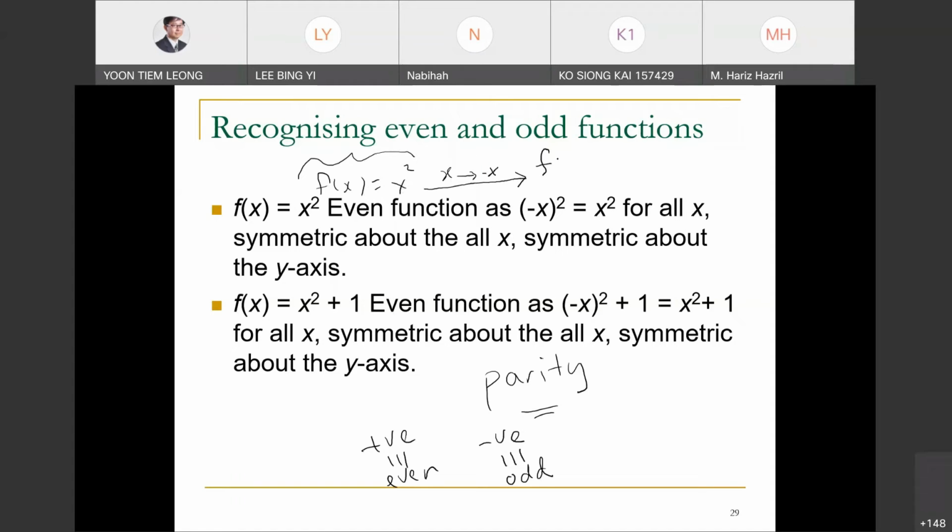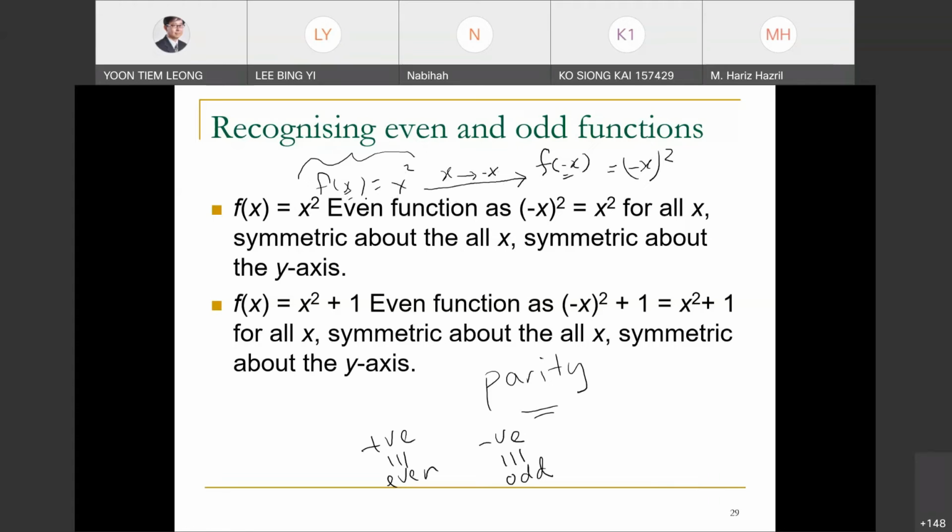So here you have x, and you replace x by negative x, and then this becomes negative x. Then you have a square.